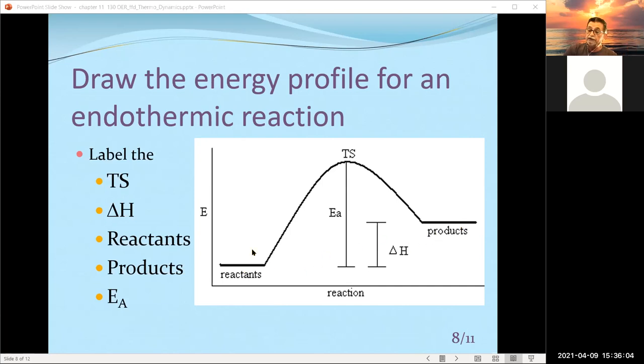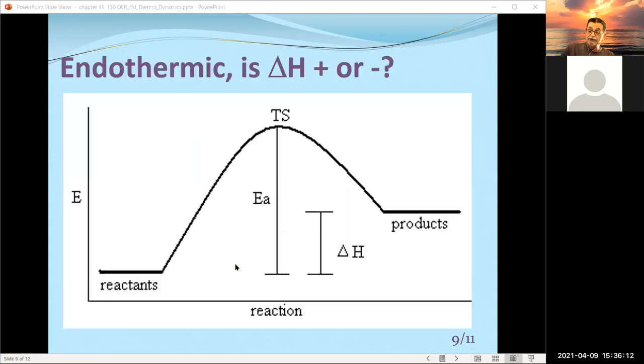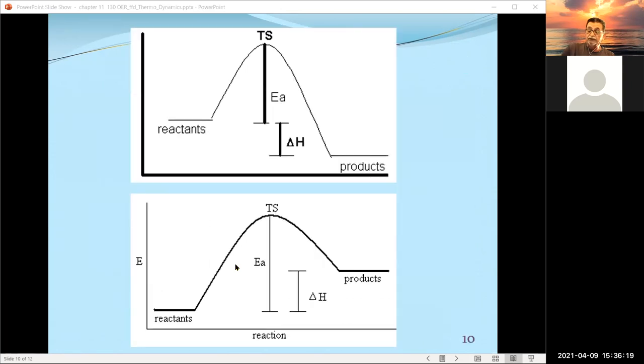And if I do products minus reactants, guess what? I get a positive delta H. And hence an endothermic reaction, positive delta H.